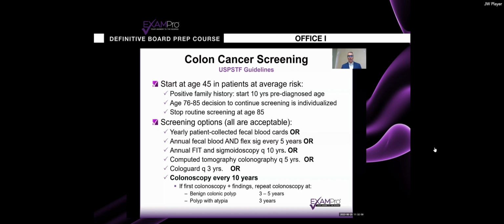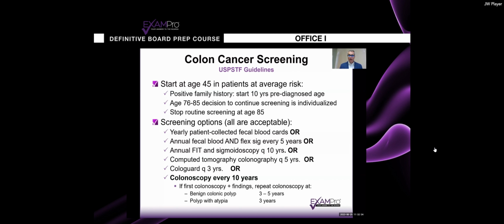And then generally speaking, at age 85, we're not going to do colon cancer screening. There are many screening options. No single option is preferable to any other option. The deciding factor is really what the patient will and can access. So I always like to see patients get colonoscopies.